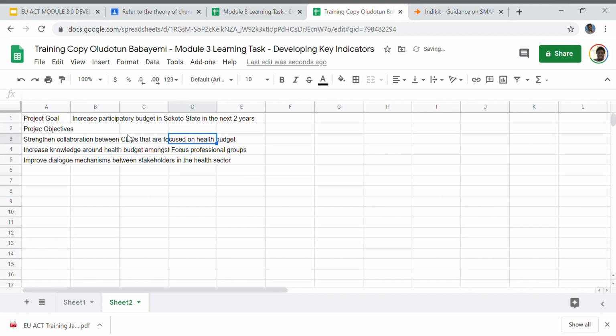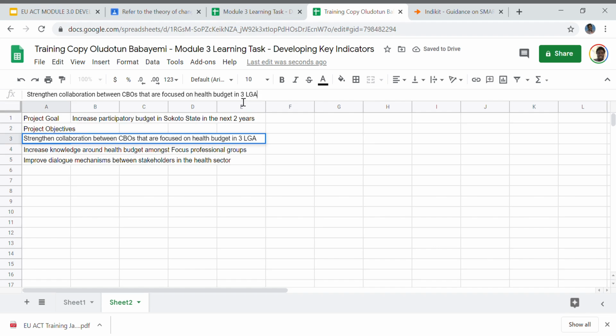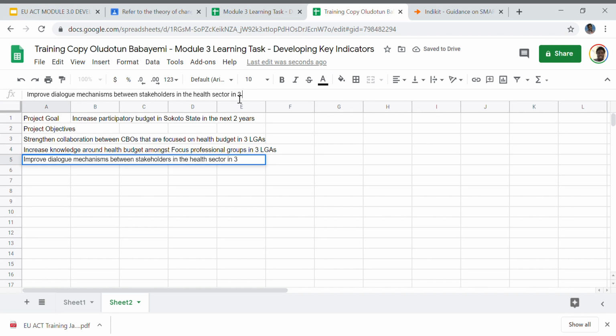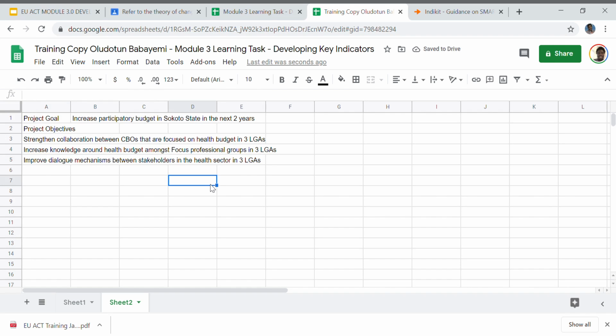This project might be one way to also narrow this down. Let's say in 3 LGAs, in real life, the resources we have might not cover the whole Sokoto state, right? So you can now think about several assumptions.